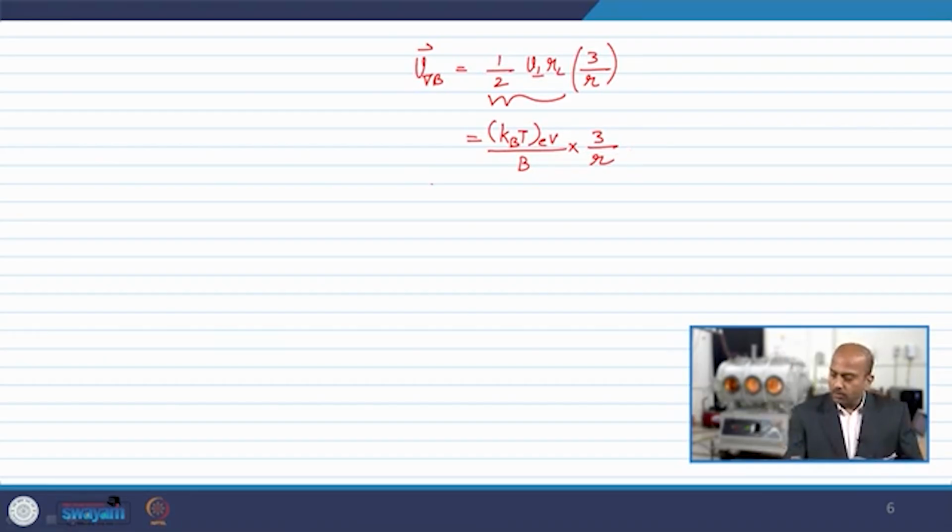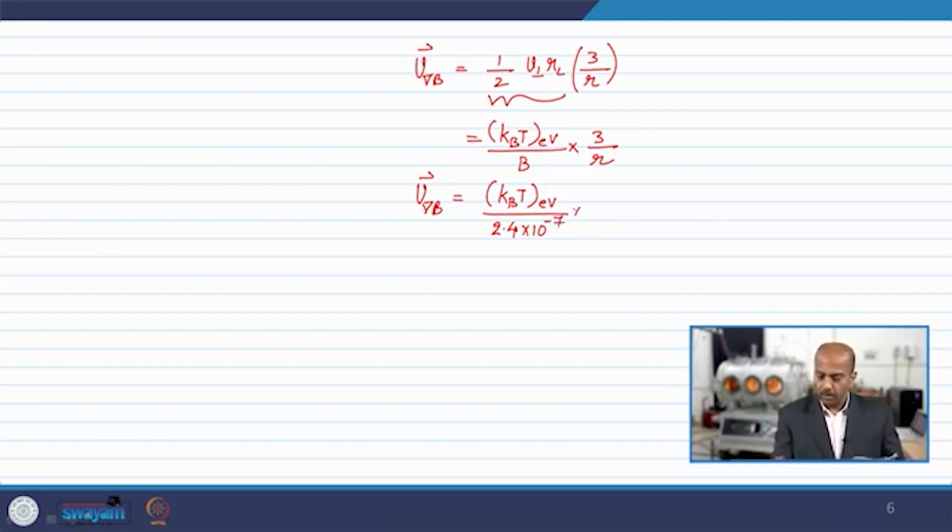Right. So let us substitute the values. V del B is kBT in eV, the magnetic field is 2.4 times 10 to the power of minus 7, into 3 divided by 5 into 6,400 kilometers, that is 6,400 times 10 to the power of 3 meters.